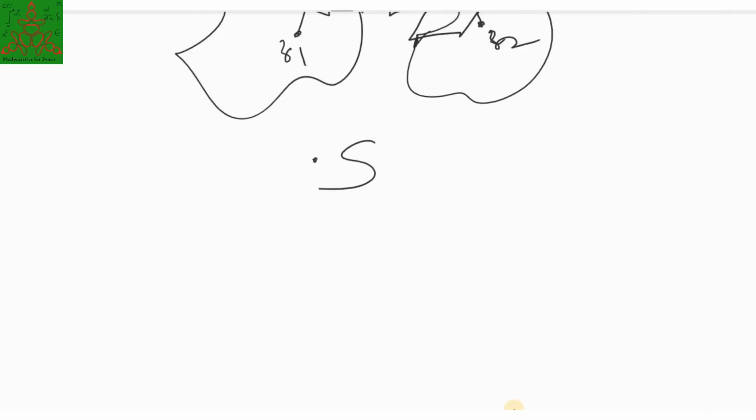If any pair of points can be joined by a finite number of line segments, and the whole path lies inside the set S, then we can say that the set S is connected. In topology it is called the path connected definition, but in the structure of complex analysis, path connected is equivalent to connectedness. So that is the way we can define connectedness.